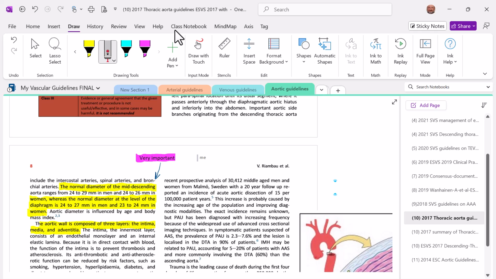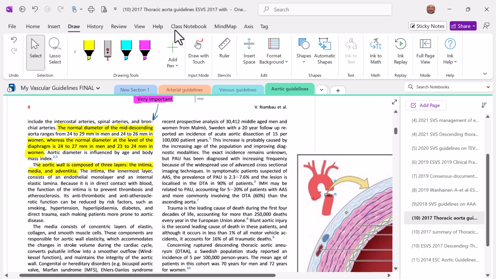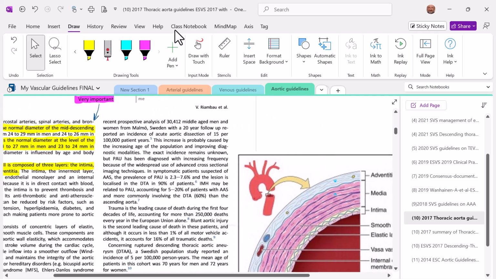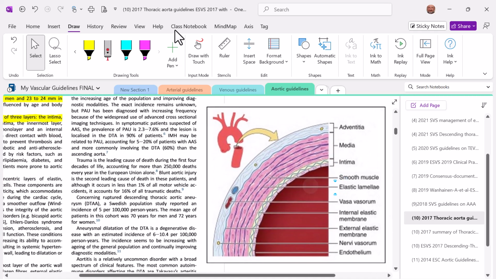It's also important to know the anatomy. The aortic wall is divided into 3 layers: intima, media, and adventitia. And that is why I usually put in the guidelines an image to help me to remember. So this is a very important image from the European Society of Cardiology.